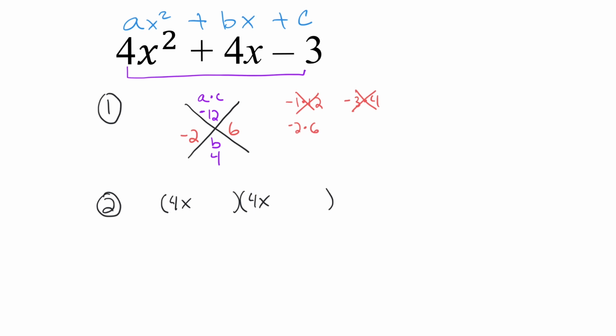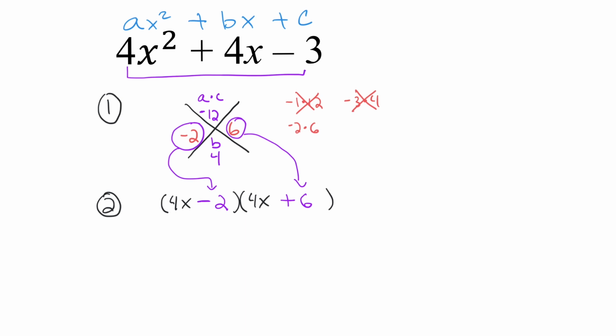So the 2 factors, -2 is going to go inside the first parentheses. So keep the sign, -2. And the +6 is going to go in the second parentheses, +6. When you check if you get the trinomial back when you multiply, well, think about it.